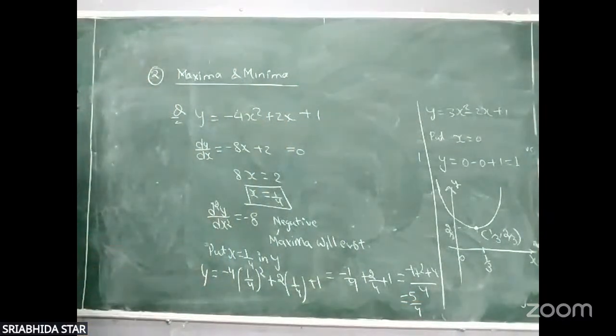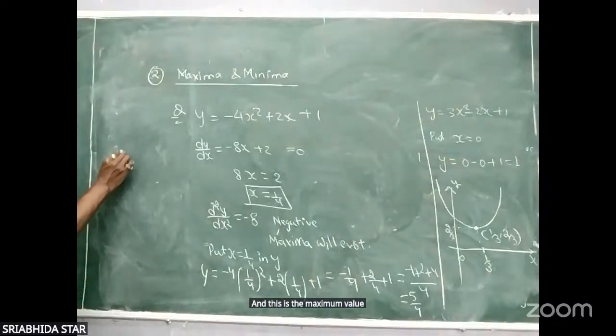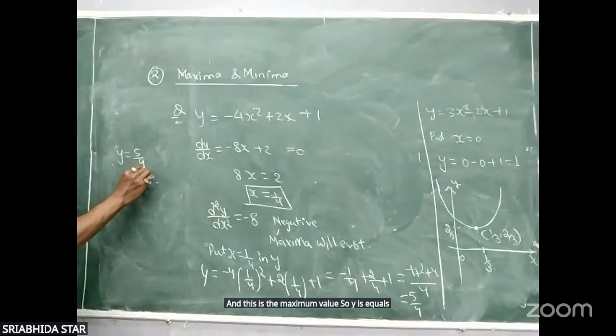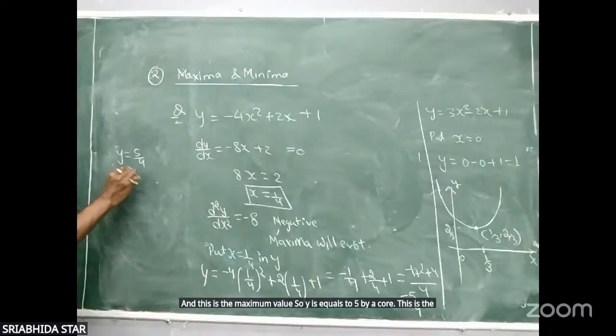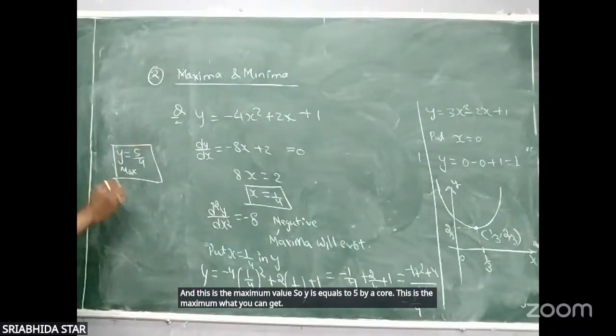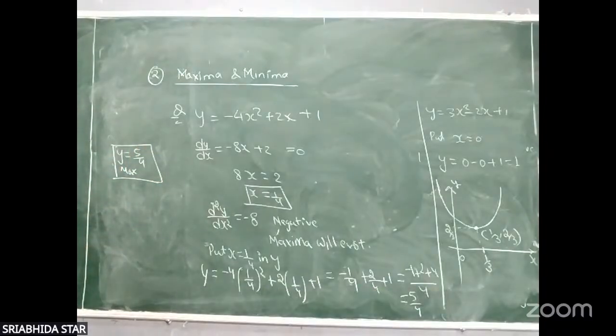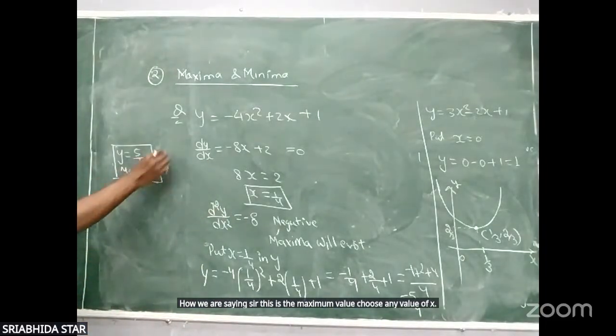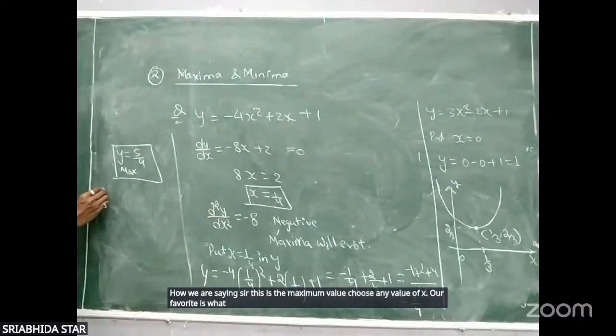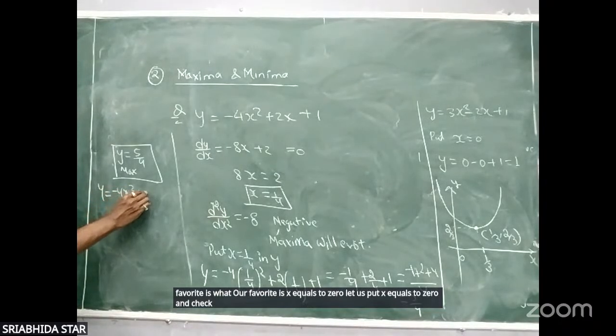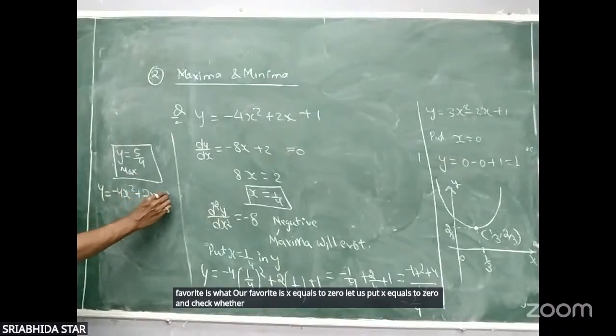And this is the maximum value. So y equals to 5 by 4. This is the maximum what you can get. How we are saying, sir, this is the maximum value? Choose any value of x. Our favorite is x equals to 0. Let us put x equals to 0 and check whether it can exceed this function or not.